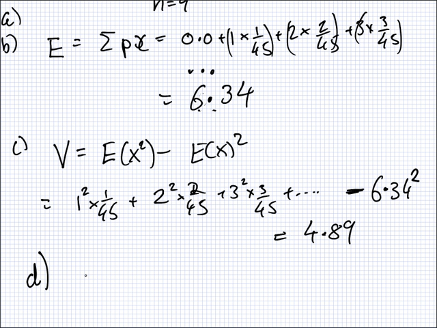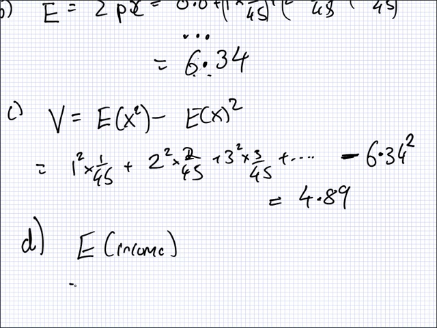D, what is the expected income? Well, what is our income here? I think I said in the question she gets paid $4 per hour plus $5 per table. So that's what our income would be, yeah?